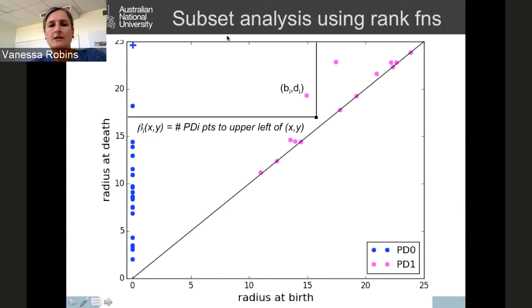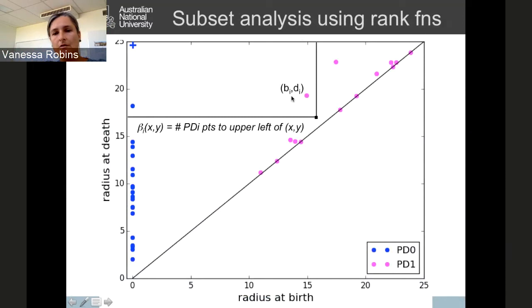So the rank function is defined at each point in this upper quadrant, and the rank function at the value x and y is telling us the number of persistence diagram points that are in that upper left quadrant.